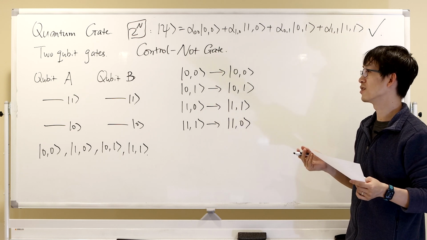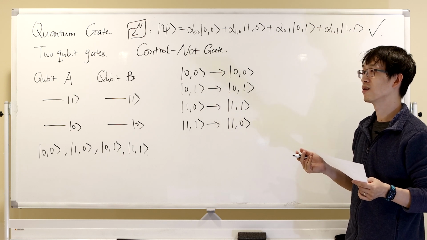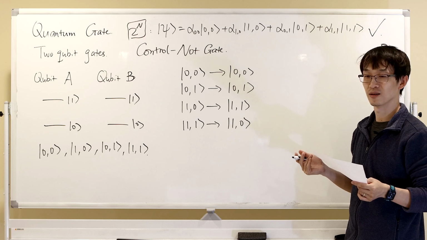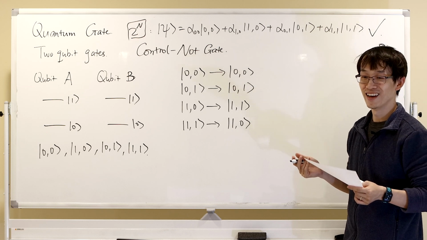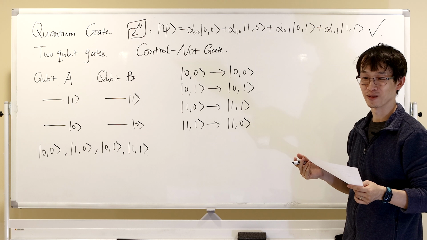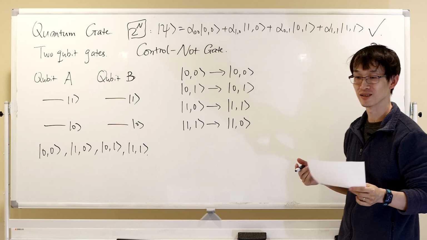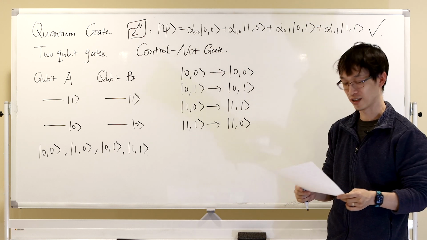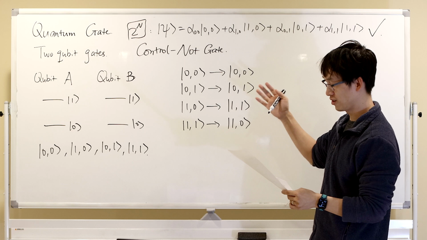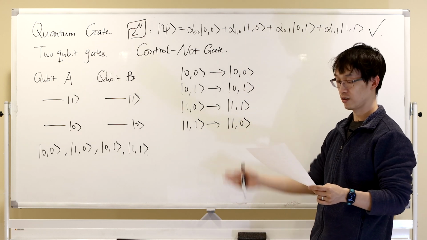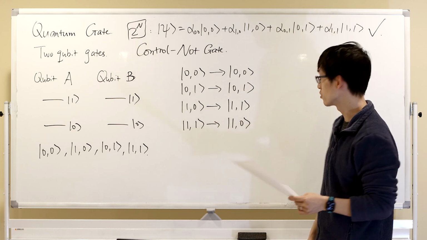And why is it a universal gate? We can't prove that here. If you're interested, you can Google it, and I'm pretty sure you would give up in 20 minutes. It's a very tedious mathematical proof. There's also a circuit notation for the control NOT gate.